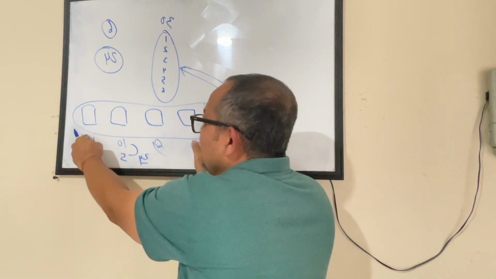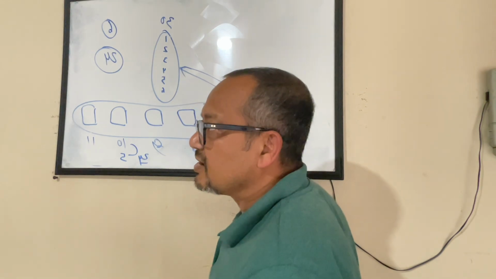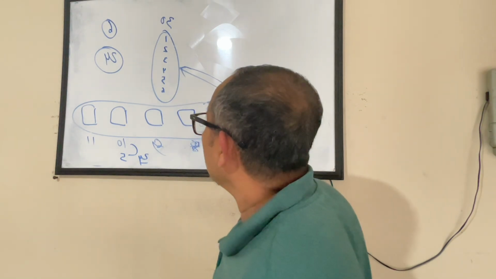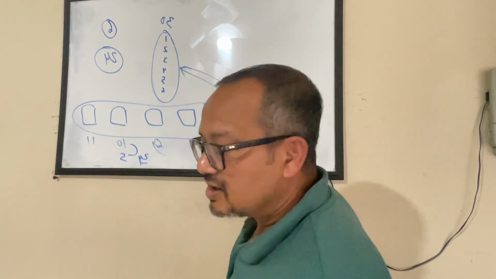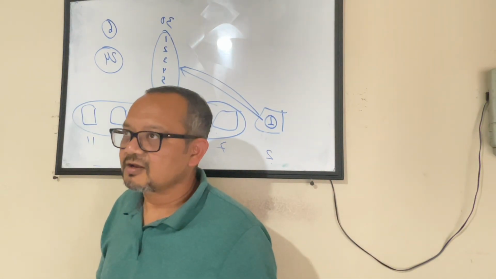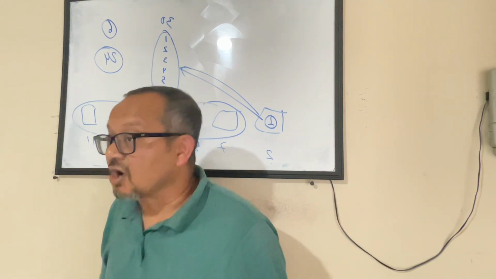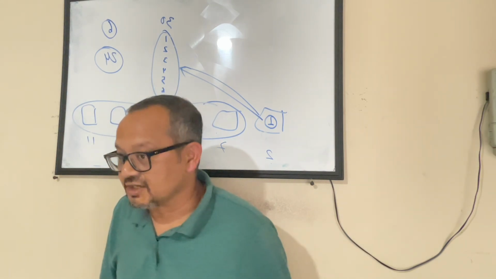But one person can't have the same group, right? Two people can have the same group. So let's say the first person picks a group, and then the next person should not pick that group. The next person can still pick it. See, we are talking about combination, we are not talking about permutation right now.